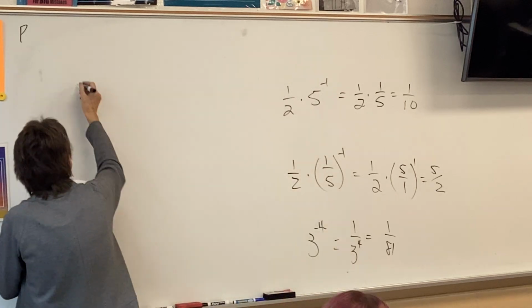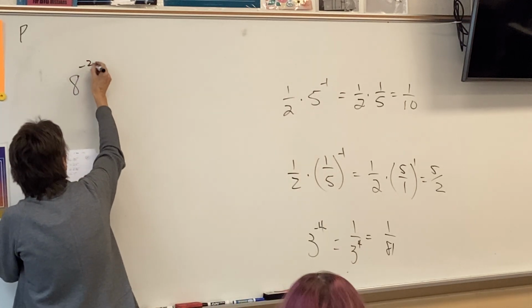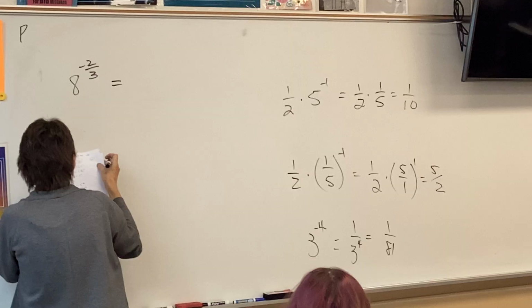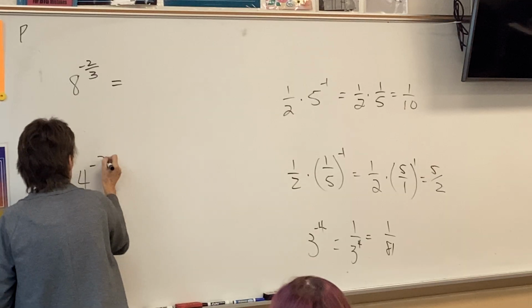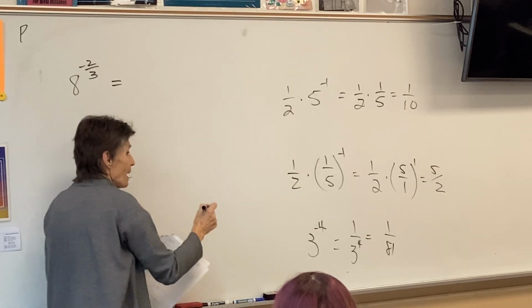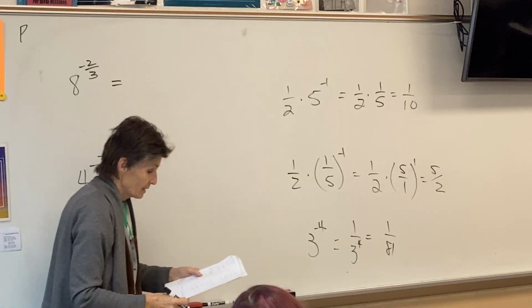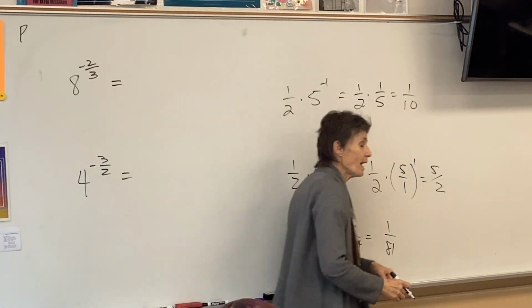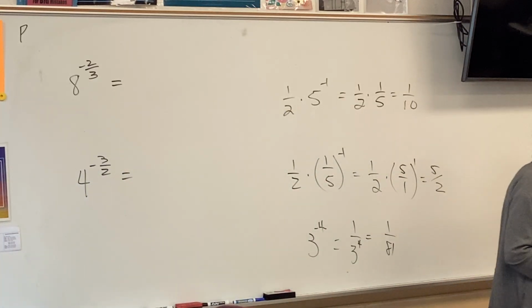So, a little word of wisdom from somebody who has done a lot of math over the years. When your exponent is a fraction and it's negative, take care of the negative first. Do the negative part first, so flip it.